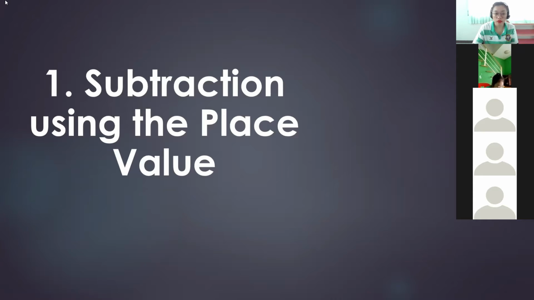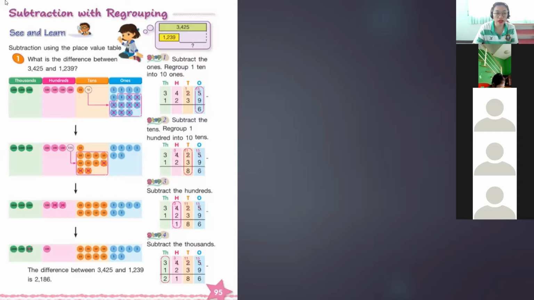So let's start with example number 1, subtraction using the place value table.